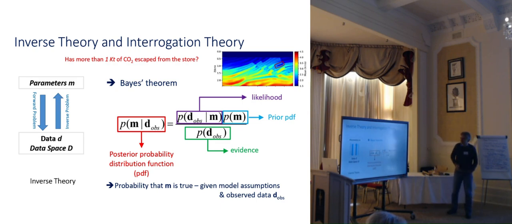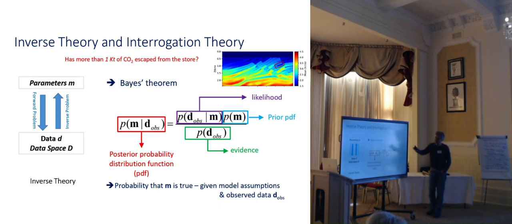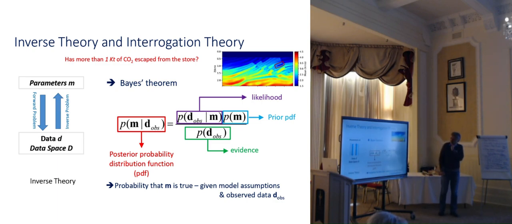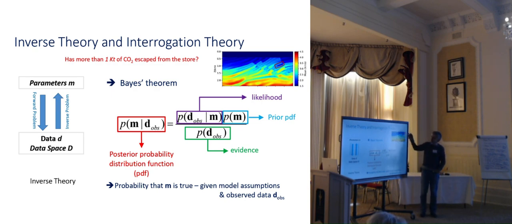So that's Bayes' rule, and it seems to give us what we want. The probability that M is true given the model, which relates the parameters to the data, given the observed data, and given our prior information. And that's fine, but the parameter values may describe an image, something like this.